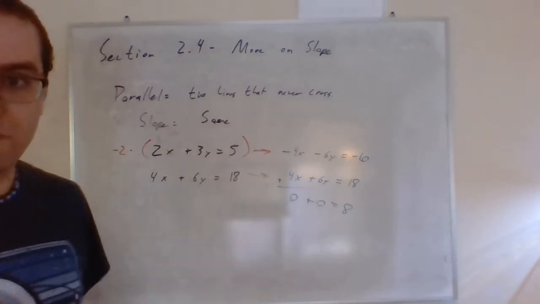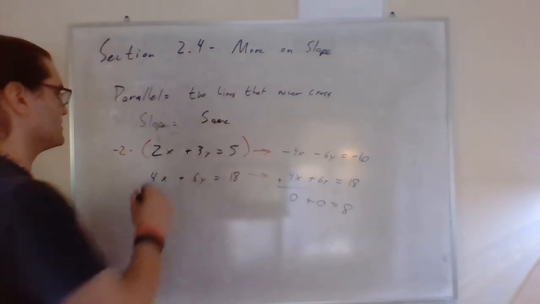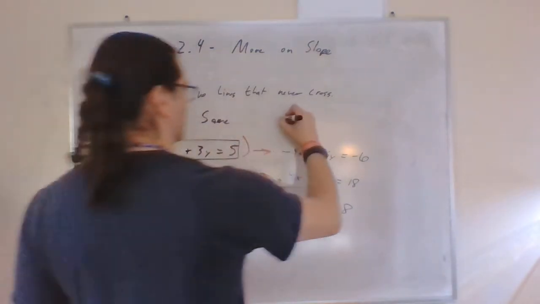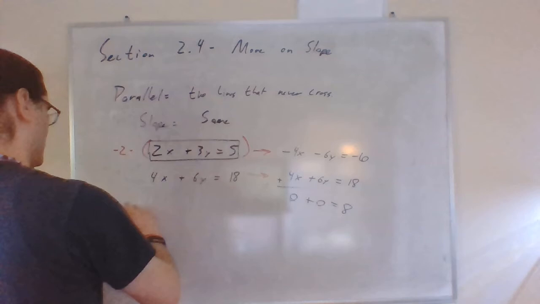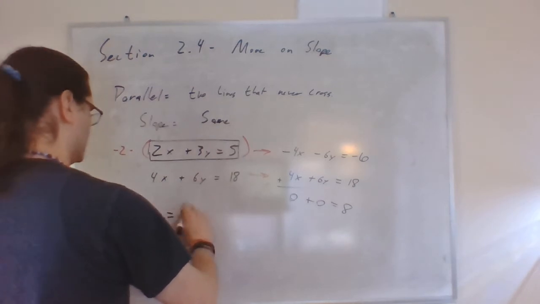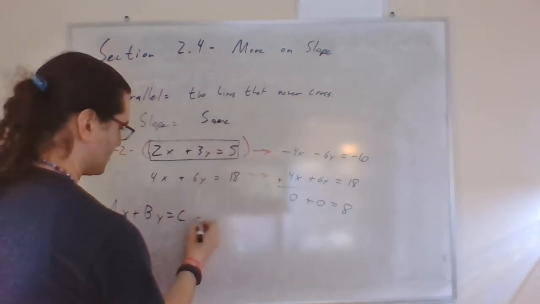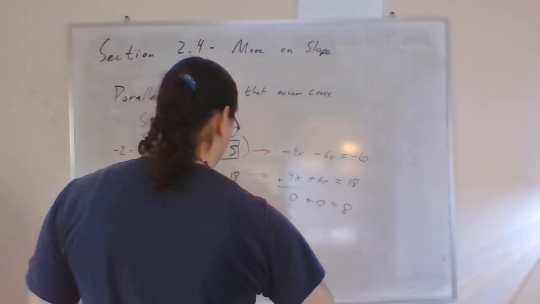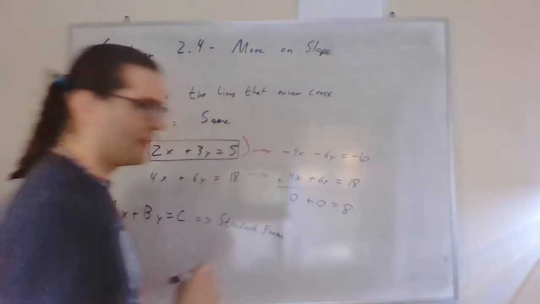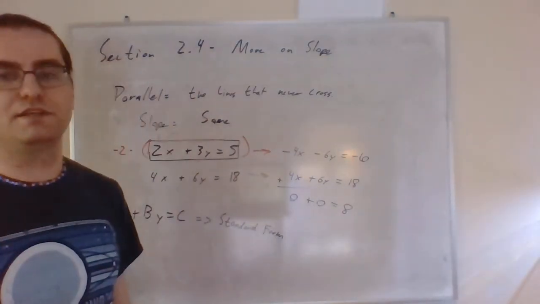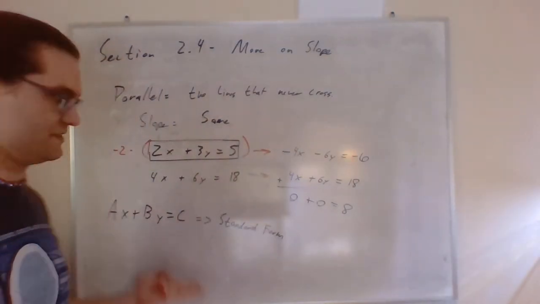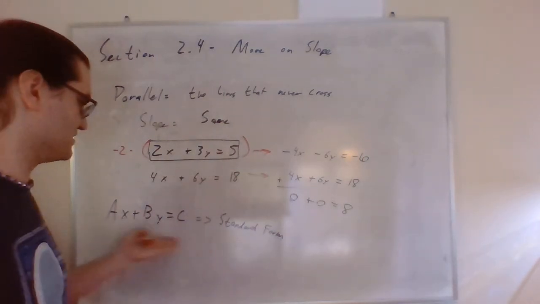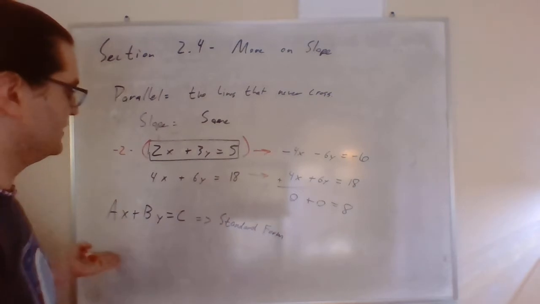Here's a quick fact that I probably forgot to mention in the 2.3 videos. This form that things are in right now looks like ax plus by equals c. This is called standard form, which I hate, because this is the least standard of all the forms you can put a line in. It's the least used, the least commonly recognized.